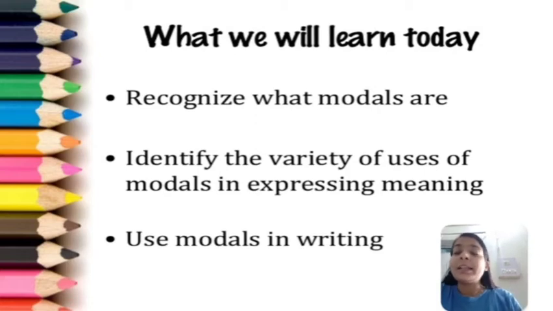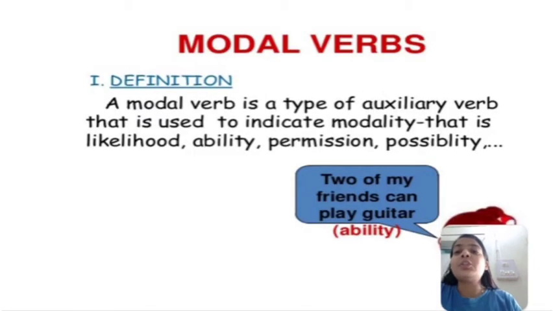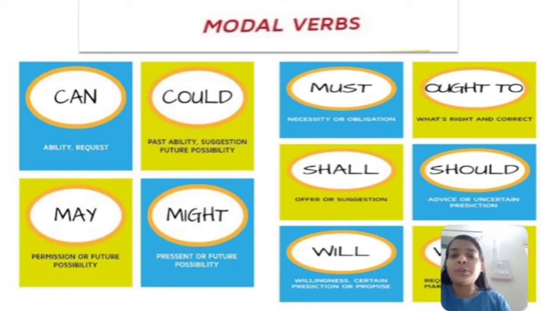So let's start with the definition of modals. A modal verb is a type of auxiliary verb that is used to indicate modality. It means it is used to express ability, permission, likelihood, suggestion, possibility, intention, and so on. There are a small number of modal verbs, and they display distinct features that set them apart from other auxiliary verbs.